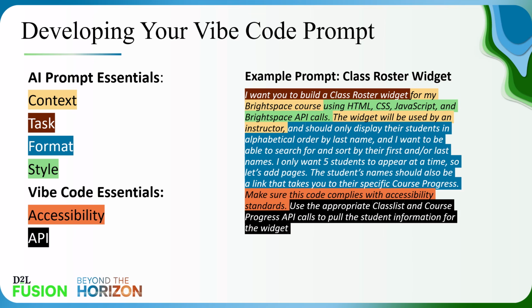And so when you combine all of these essentials, it really gives the AI tool almost everything it needs to generate the code you're looking for, reducing the need for more and more messages between you and your AI tool. So just having this code prompt can really help you develop your widget in a more efficient and faster way.